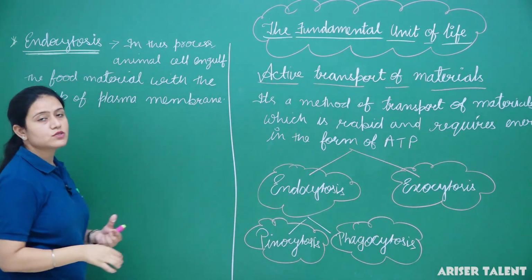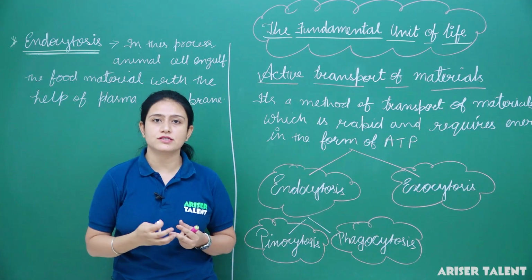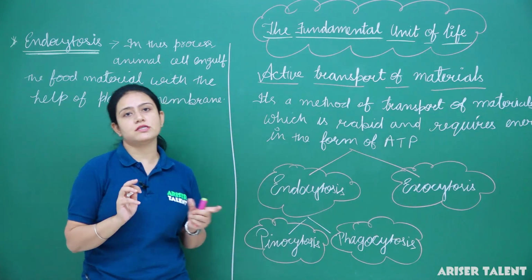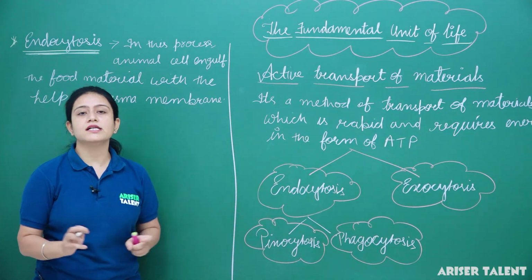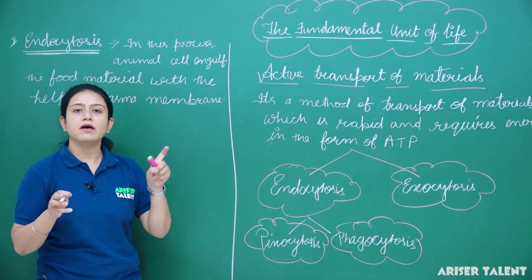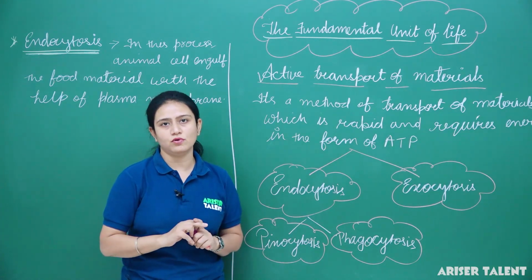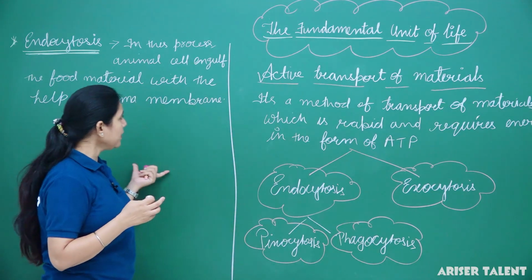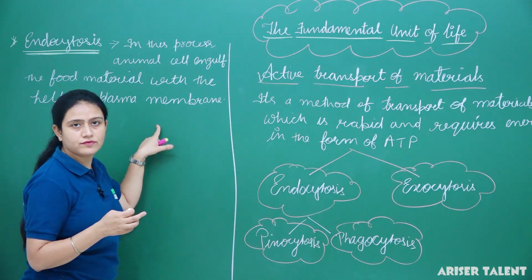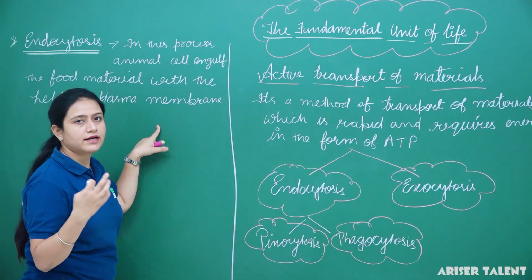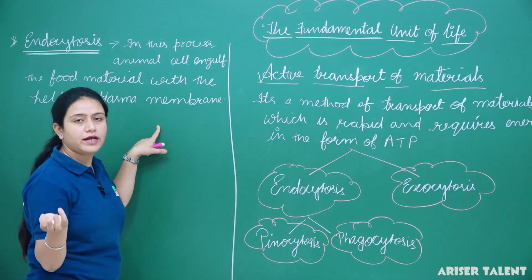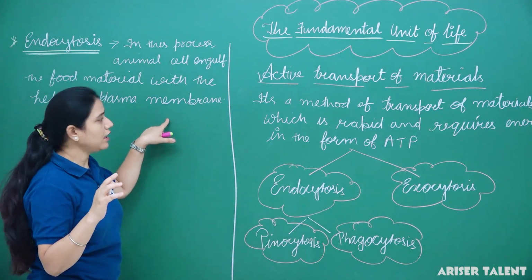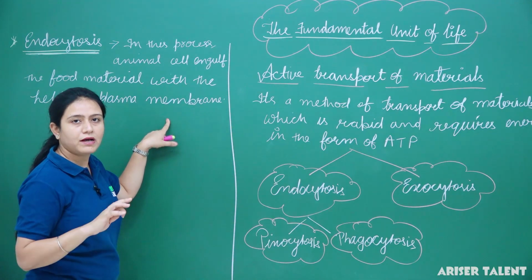Okay, so what is endocytosis? Generally this process takes place only in animals. This process does not take place in the plant cell because the plant cell plasma membrane is covered with a rigid cell wall. Okay, so it does not allow the food materials to pass through it, and the plasma membrane is selectively permeable, so it allows selected particles of gas, liquid and water to pass through it.